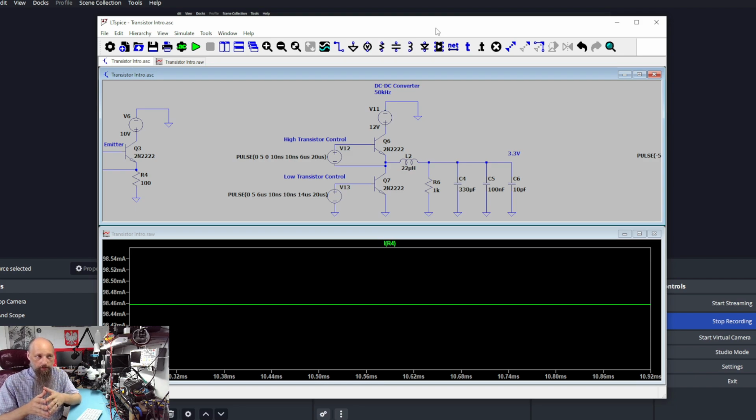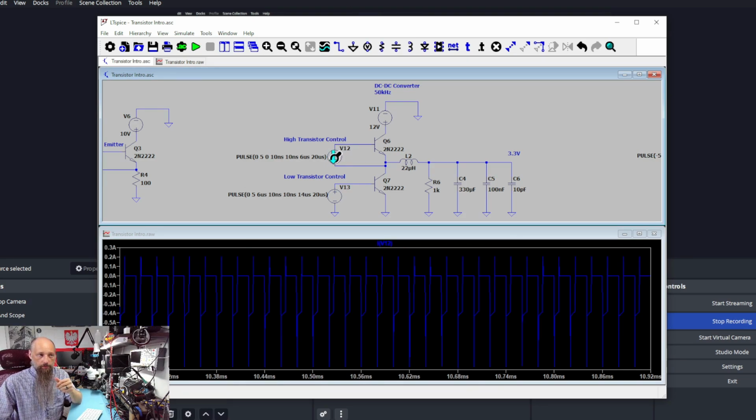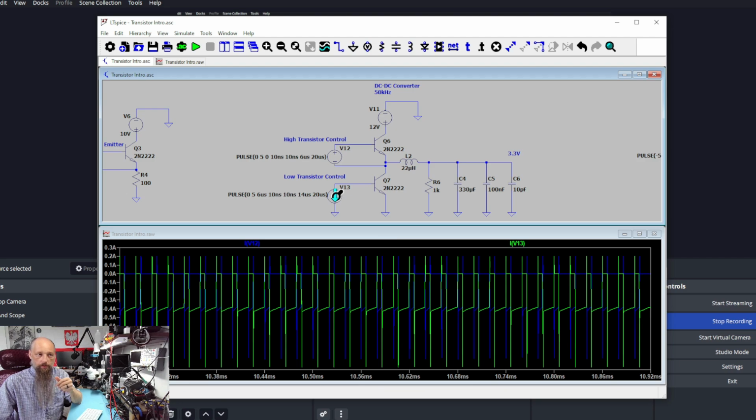We'll get to those. But just to illustrate over here, I use 2 NPN transistors and 2 sources. When this source goes up, this source goes down, and vice versa.